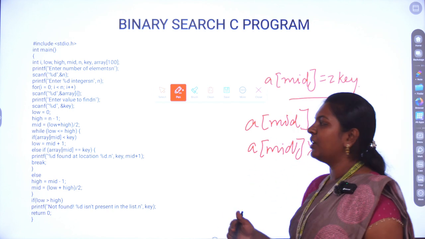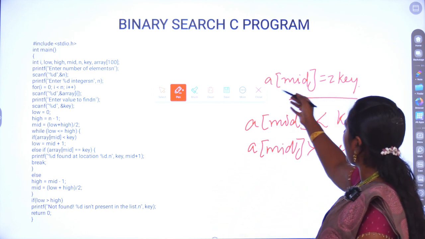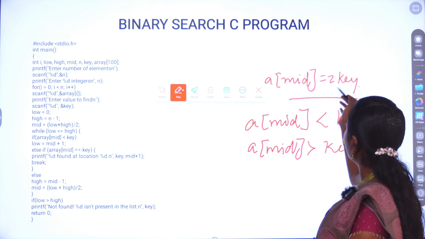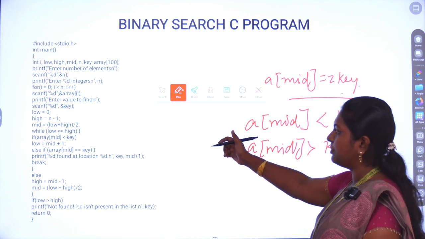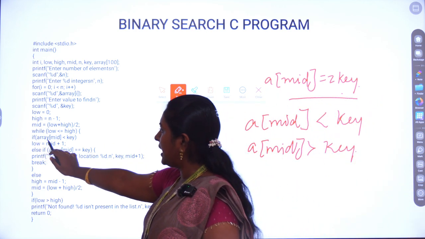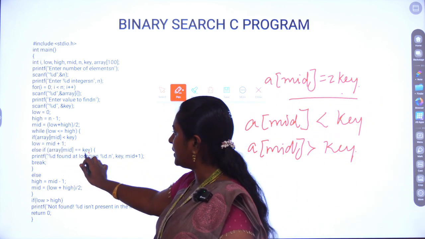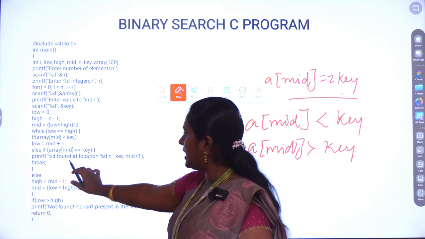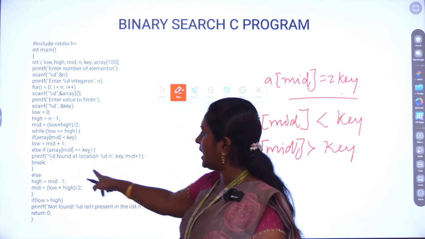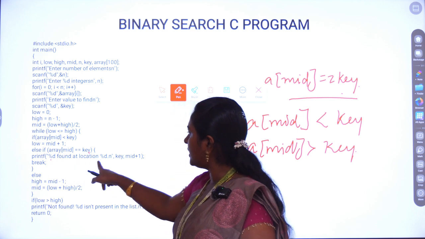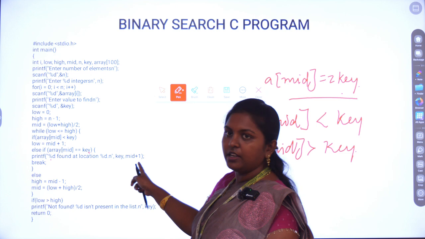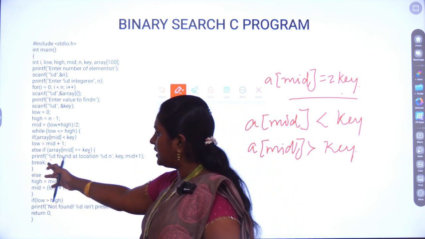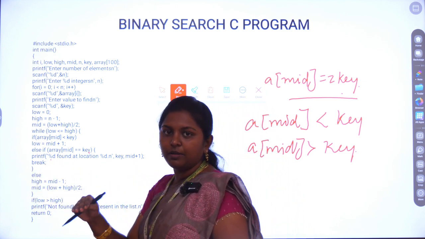So A of mid is equal to key, then it is the searched element and it retrieves the element straight away. You can see here, if array of mid is equal to key, then print "%d found at the location", it will retrieve the key, that is maybe 4 found at the location wherever it is found, mid plus 1 will be retrieved. After that, the break statement is given, and the program stops.